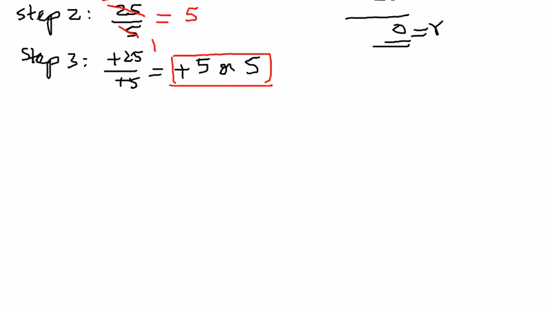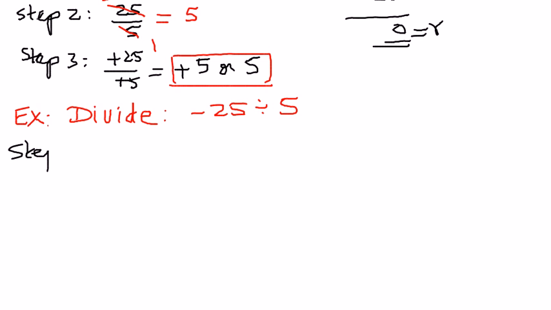So let's look at another example here. In this example, we want to divide negative 25 by a positive 5. We just changed some of the parameters here, but we will see how we can simplify this.